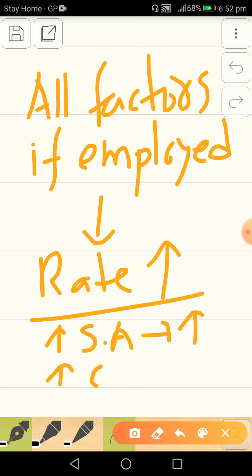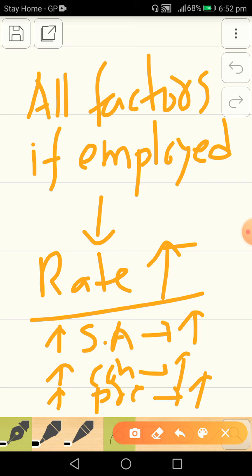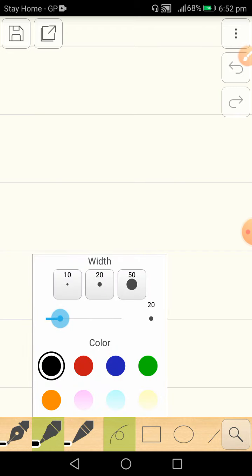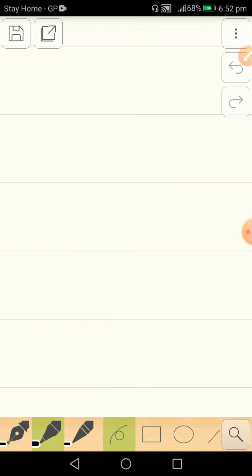If you increase the concentration, the rate would go high. If you increase the pressure, the rate would go high. If you use catalyst, the rate would go high. So let's see why, if you increase the surface area, the rate would go high.